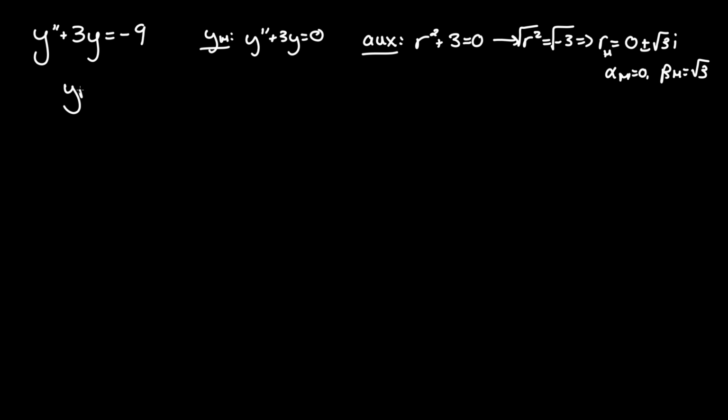Now for the particular portion yp, we must first observe the general format, which takes the form of ay double prime plus by prime plus cy equals C times t to the power of m e to the r particular t. So a, b, c, and capital C are all constants, and we don't even have a y prime term, so we have to focus on t to the power of m.